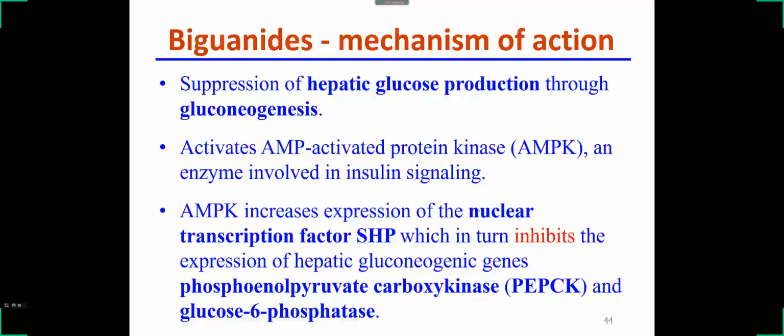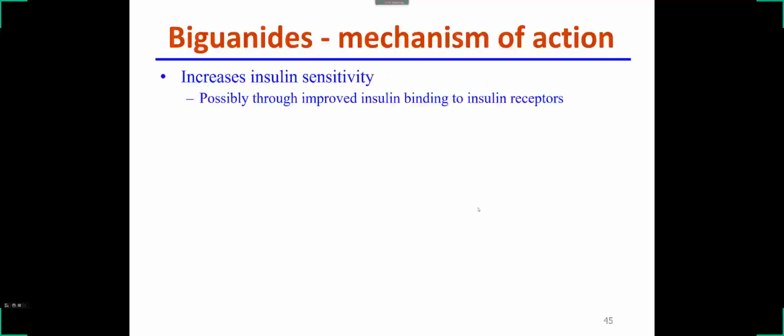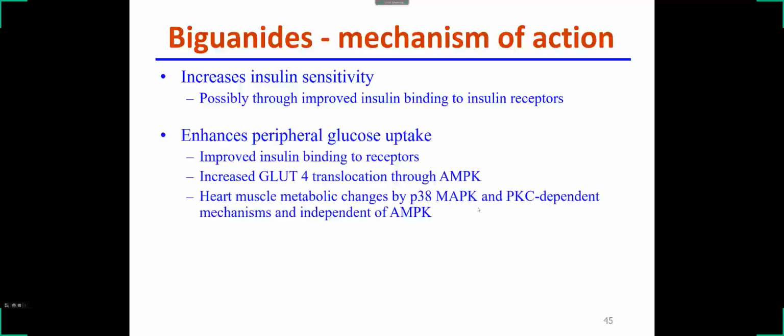So these compounds act by targeting those intracellular aspects that we've talked about that were downstream of the insulin receptor. Effectively, what this does is increase insulin sensitivity, possibly through improved insulin binding to insulin receptors, but most likely by causing hyper signaling downstream of the receptor.